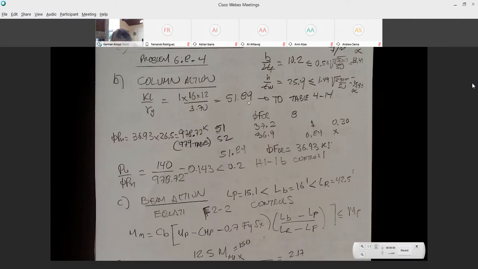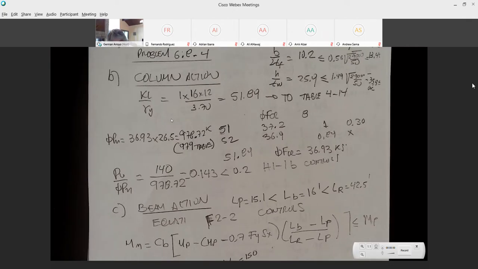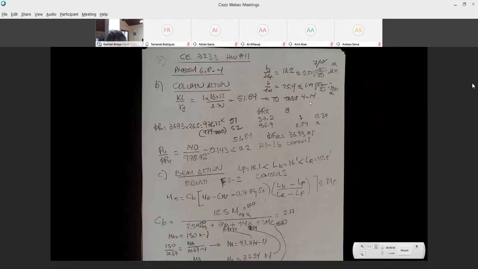For the tables at the end of chapter 4, it makes no difference which axis controls. They are based on just a number, KL over r. So it makes no difference if KL over rx or KL over ry controls; you go with the larger number. In here, it's obvious that KL over ry controls.